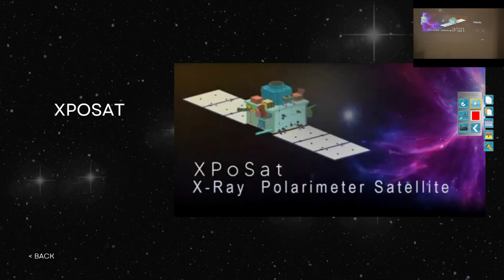It is India's first satellite to study X-rays from sources like neutron stars, black holes and pulsars.